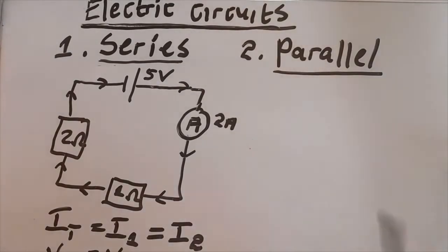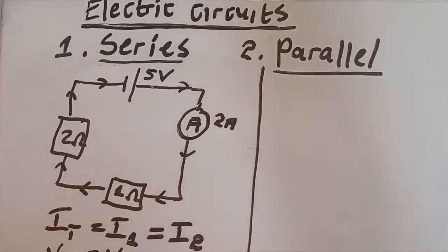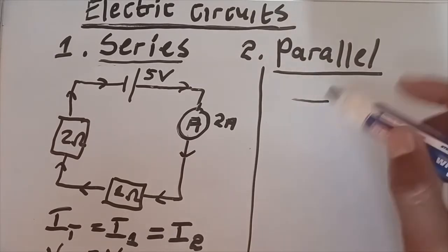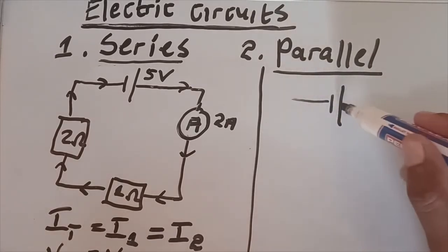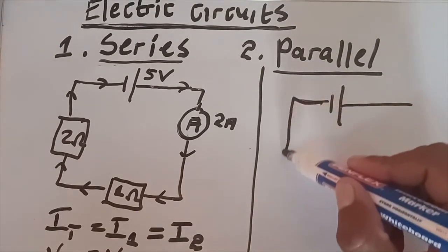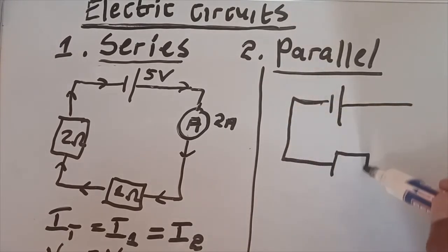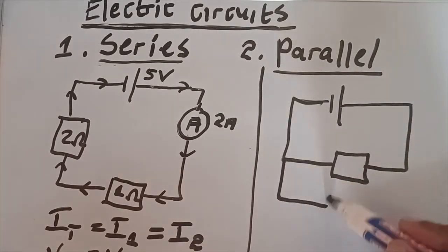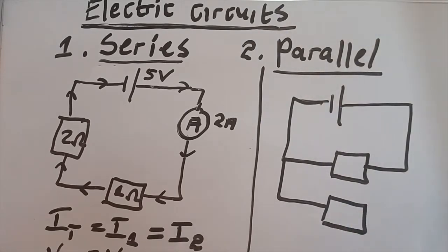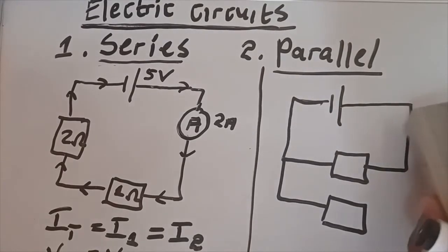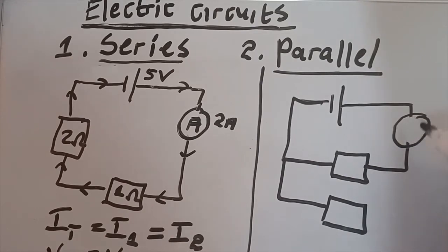So I'm going to try and draw a small sketch showing a parallel circuit and how it looks, having this resistor and also having this resistor. And then let's say we have an ammeter here that is going to measure our current. We have the ammeter.